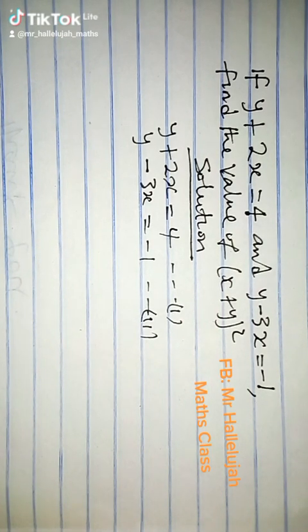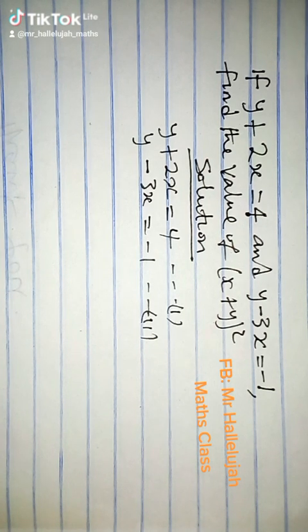All right, what do we do? We have two options. It's either we use the elimination method or we use the substitution method. Since the question did not tell us the precise method to use, we will choose the one we find pleasant to use. So I'll go for the elimination method.